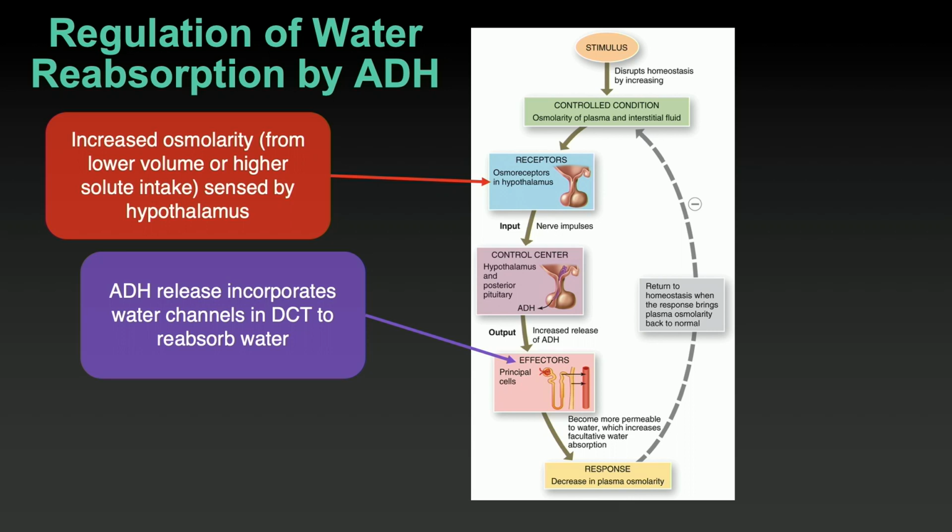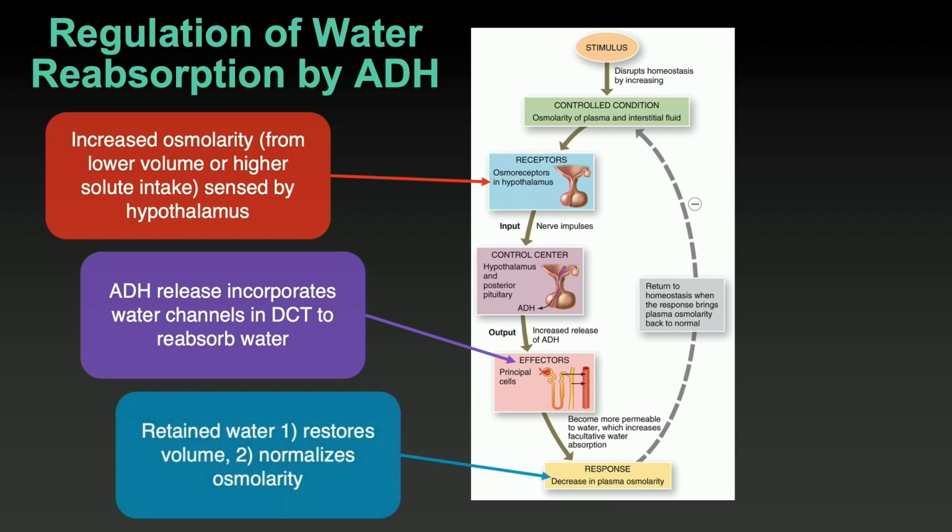Water can be reabsorbed. Consequence of that is water is reabsorbed, which is good. Reabsorbing more water will dilute the fluids of the body, so concentration goes down. We have higher volume, lower concentration. So we reinstitute the normal situation.